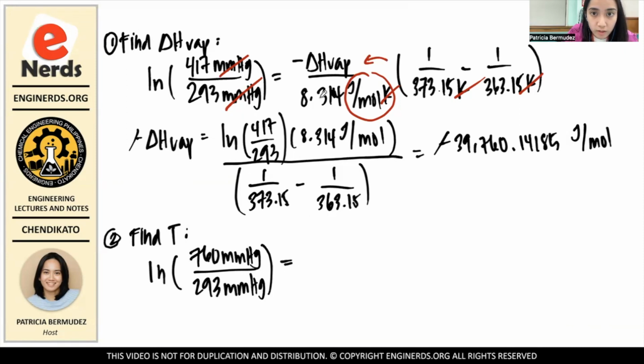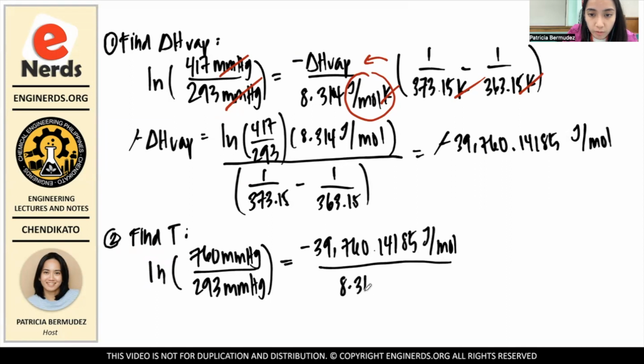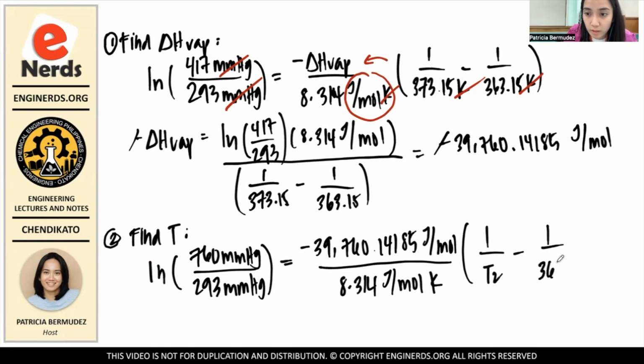Is equivalent to negative delta H, which is this one, negative 39,760.14185 joules per mole over R, which is 8.314 joules per mole Kelvin. And then yung T2 natin here is unknown. So ito yung hahanapin natin minus yung T1, which is 363.15 Kelvin. Okay. So we can see ang makakancel dito is mmHg again, then joules, and then per mole, and then Kelvin here. Therefore, yung T2 natin would also be in Kelvin.